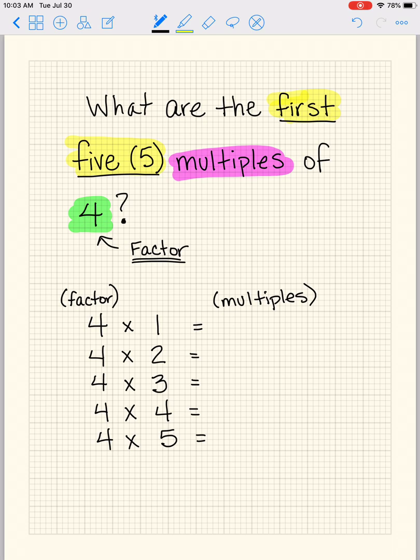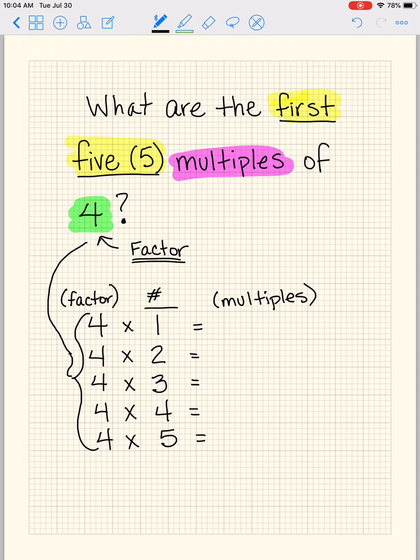So here I've taken my factor, and now it is right here. That's my factor that I'm focused on. I'm looking for the first 5 multiples, so this is the number of multiples you're looking for. And then, finally, we're going to get the multiples.